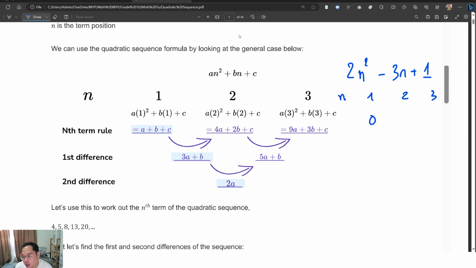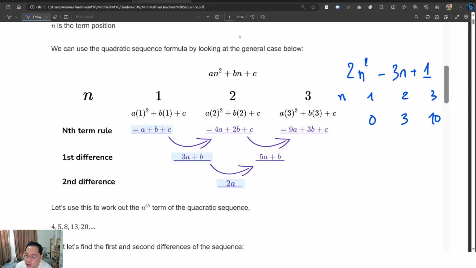Similarly, when n is 2, 2 squared is 4, 4 times 2 is 8, 8 minus 6 is 2, 2 plus 1 is 3. And when n is 3, 3 squared is 9, 2 times 9 is 18, and then minus 3 times 3, 18 minus 9 is 9, and then plus 1, we have 10, the next value.